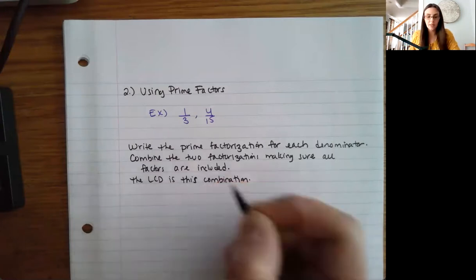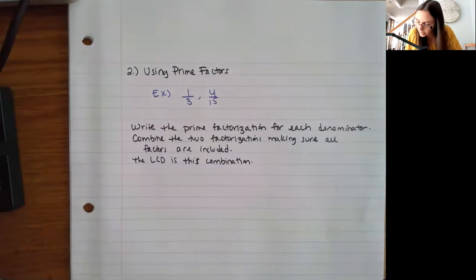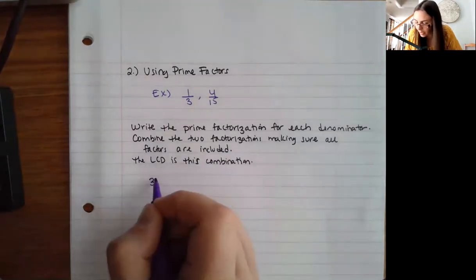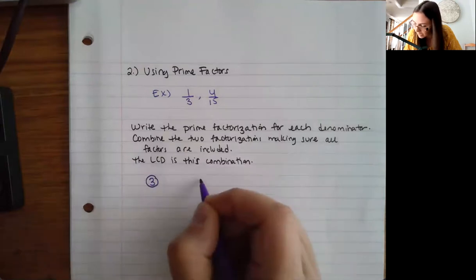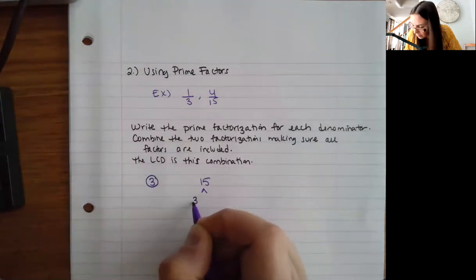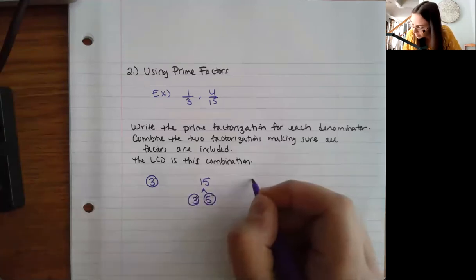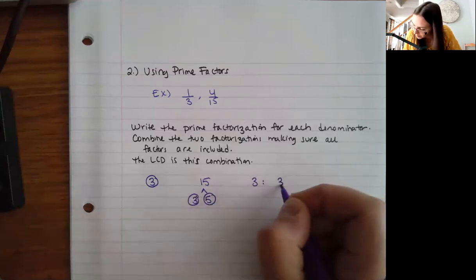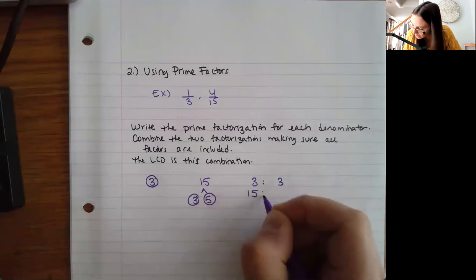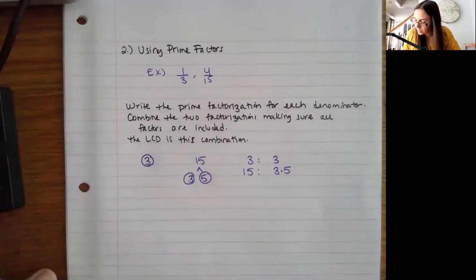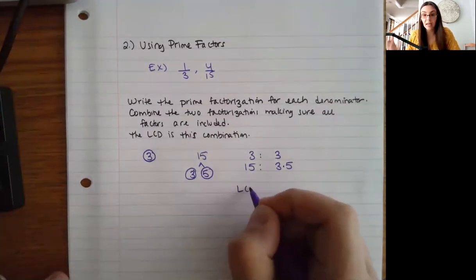All right, so let's try this out. I'm going to start with both of my denominators. So for 3, I don't actually have to do anything. 3 is already prime. But for 15, I can break that into 3 times 5. So for the number 3, my answer is 3. And for the number 15, it's 3 times 5. So what you're going to do for the LCD is you're just going to put all these factors together.